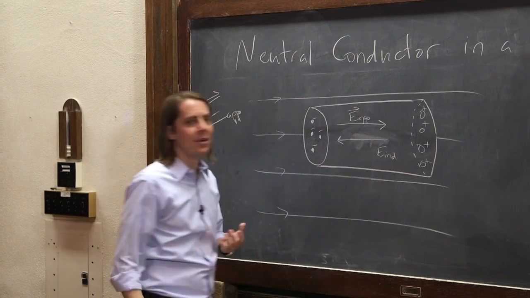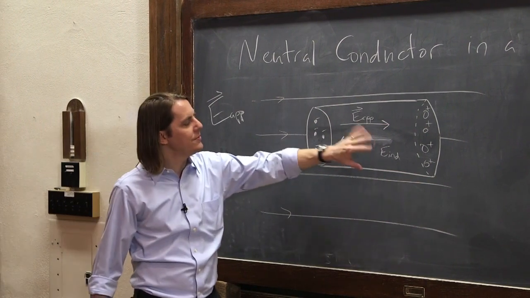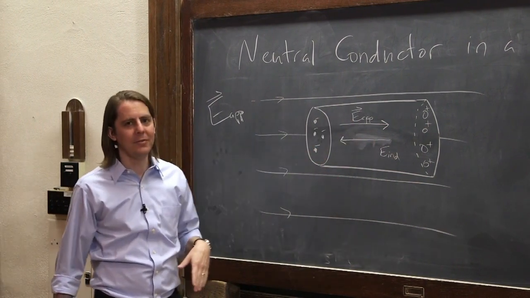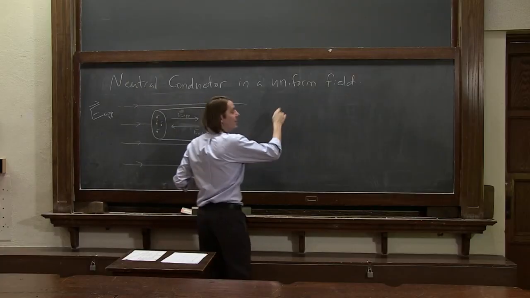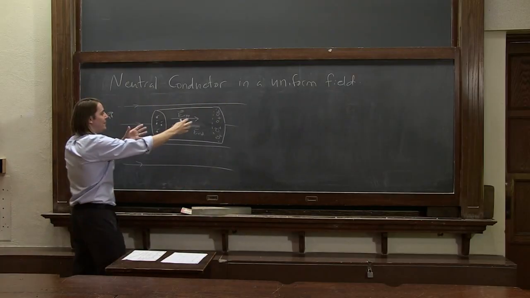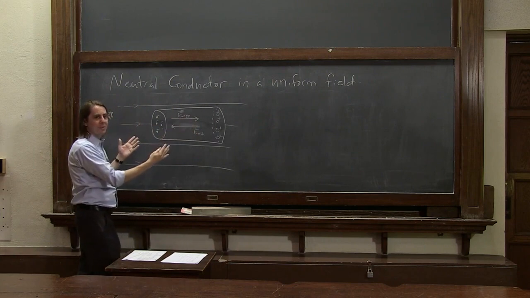What has happened here is that now the induced field inside the metal equals the applied field inside the metal. Okay? So, and then the field is zero. So once you make the field zero in the metal, things stop moving. Okay?